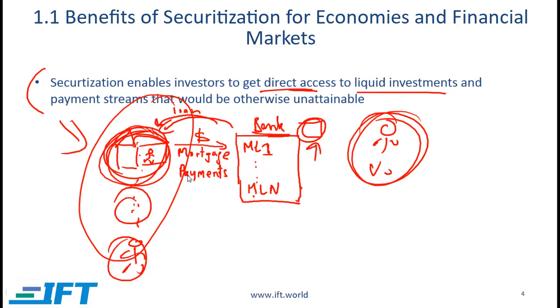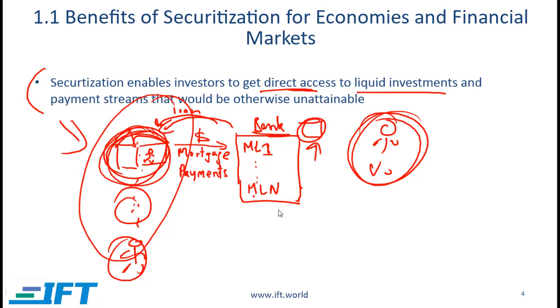Now, with securitization, to a large extent, the role of the bank is reduced, and when the role of this intermediate entity is reduced, that's referred to as disintermediation. How does that happen?